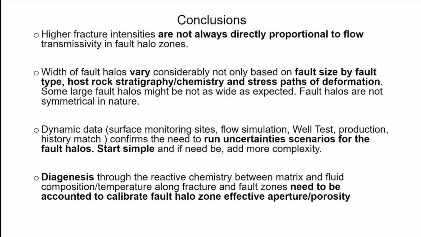As you see, this example about the fractured basement reservoir is pretty complex, and the only way that it worked out was to start simple. And diagenesis definitely needs to be accounted for to calibrate the fault halo zone and the aperture porosity. In some instances, it might be more important than others. All depends. I mean, we have good metrics, and we want reservoir production.